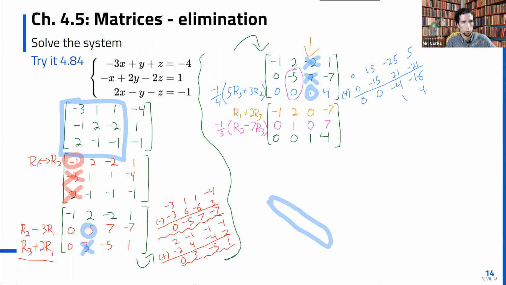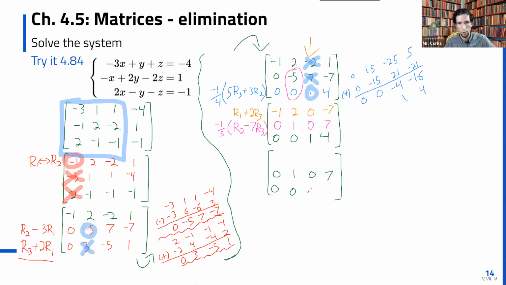Okay, so now we have 2 rows that are completely done. We've solved for our Z, it's 4, and our Y, it's 7. And we're just trying to do our final position here. At this point, just one little last step, and not very complicated.